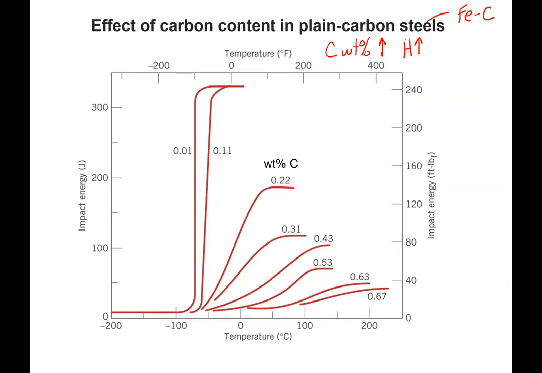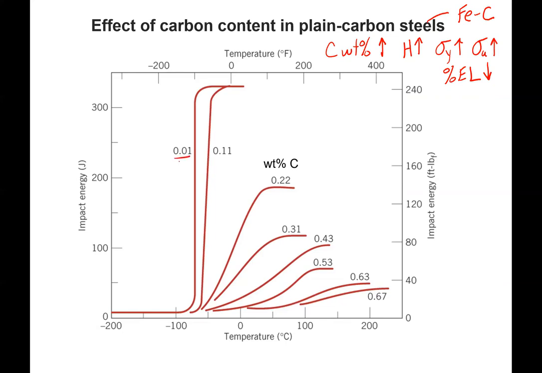We wanted to increase the carbon content in the surface to increase the hardness. We know that hardness is correlated to strength, so yield strength goes up, and the ultimate or tensile strength goes up with the carbon. Now, of course, the trade-off we know is that the percent elongation, or the ductility measure, goes down. And now we're also seeing that the ductile to brittle transition, or the impact energy here, is also going to be negatively affected as we increase carbon content.